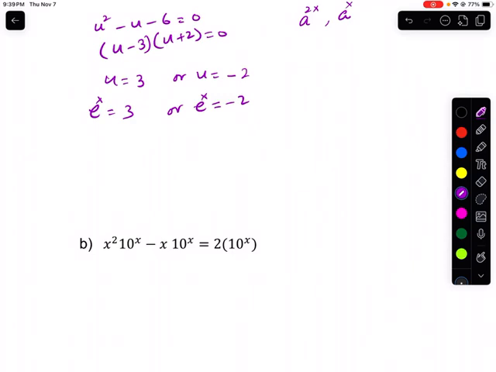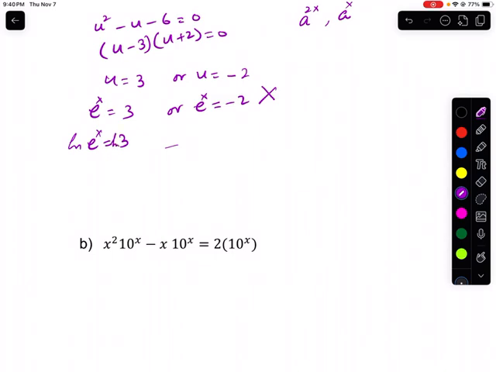Now if you recall, e to the x is never negative. So you can cross that one out and just solve e to the x equal to 3. How do I solve this? Well, what form is it in? Exponential. So we can convert to logarithmic form.